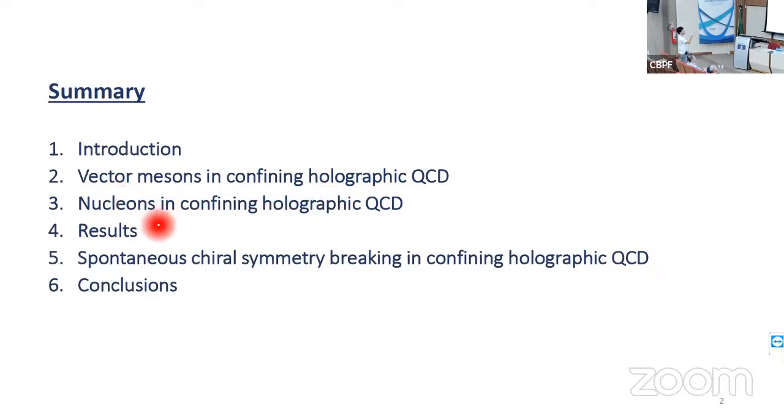We will also describe nucleons in confining holographic QCD. Then I will present the results for the spectrum of these hadrons. And finally, I will also tell you about a recent work that I've done with Tobias Frederico, Wayne de Paula, and Luis Mamani on this problem of spontaneous chiral symmetry breaking and confinement, and then I will conclude.